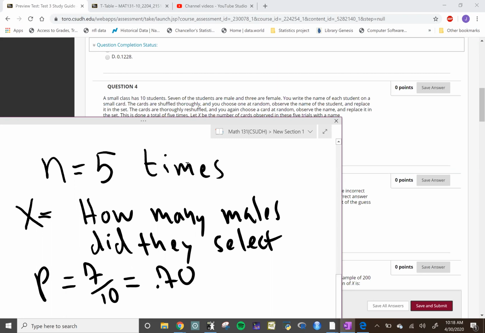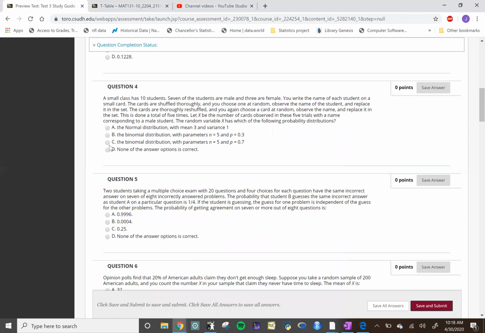Each event is independent because they reshuffle the cards. So we want something that says binomial distribution, 5 trials, and P equal to 0.70. So it should be C, and that's your final answer.